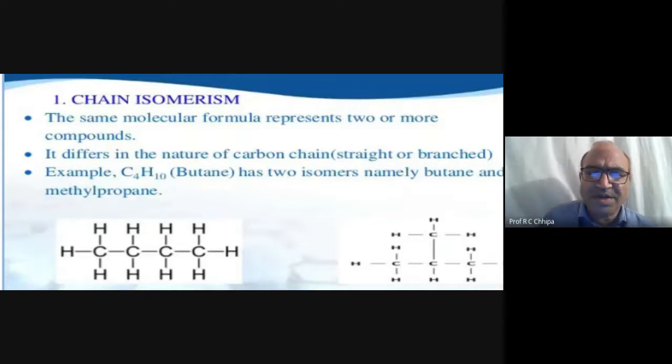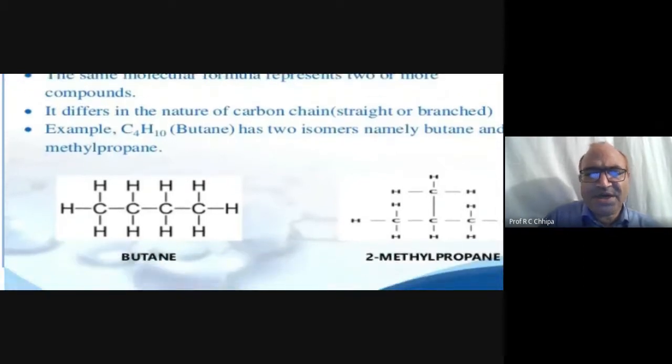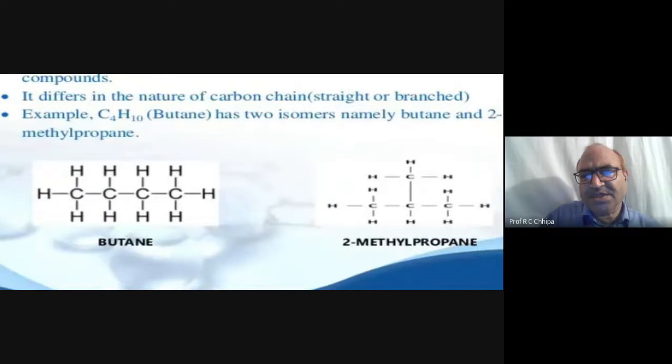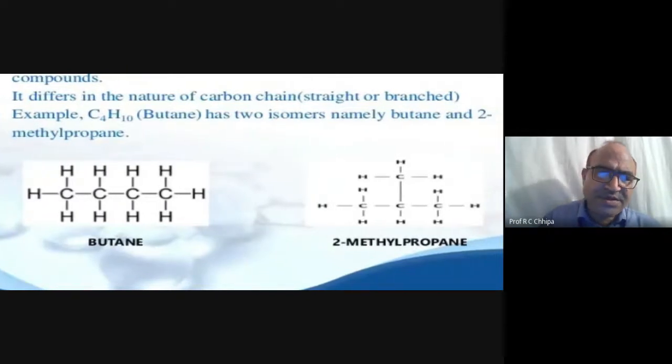Four carbon atoms are arranged, and here we get two isomers: one is normal butane, another is isobutane. Isobutane has a linear structure of three carbons, that is propane, and at the second carbon atom a methyl is linked. So therefore butane and 2-methyl propane.